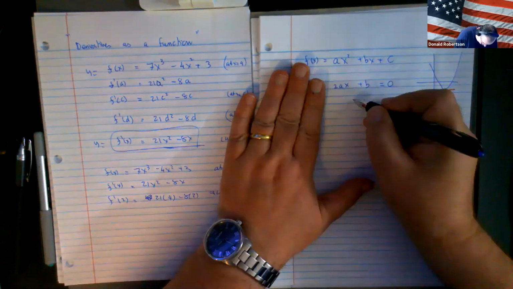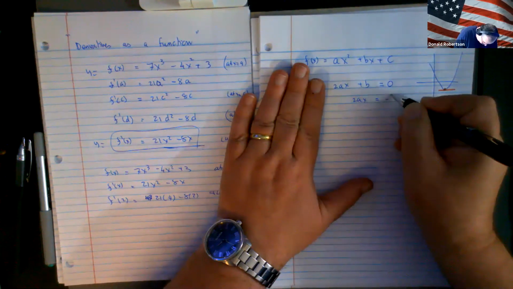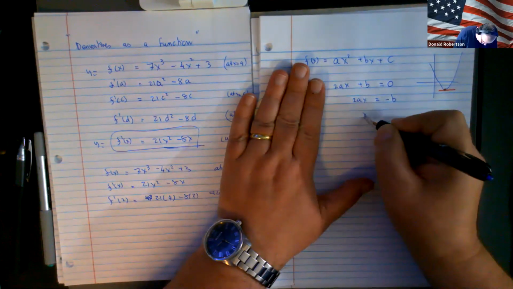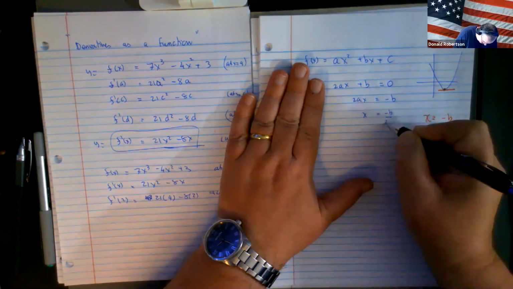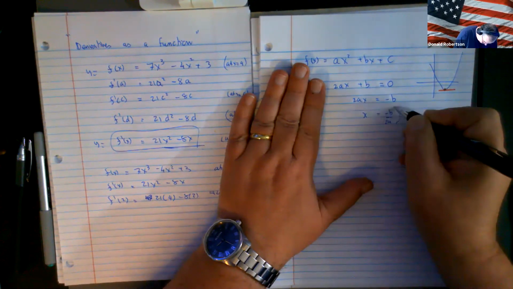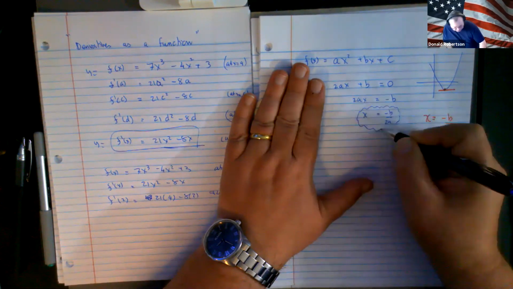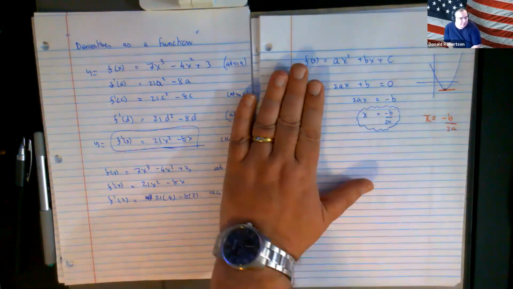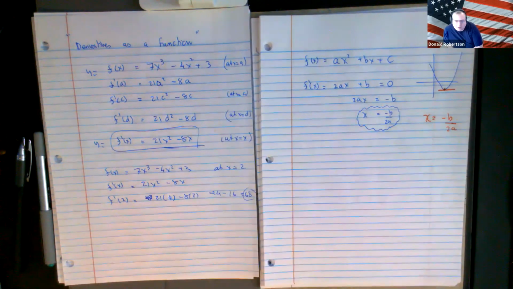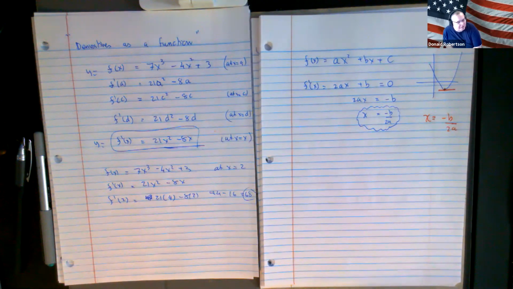And if I solve for x by subtracting b from both sides, and then dividing both sides by 2a, that's how we know where the x coordinate of every vertex for a quadratic is.